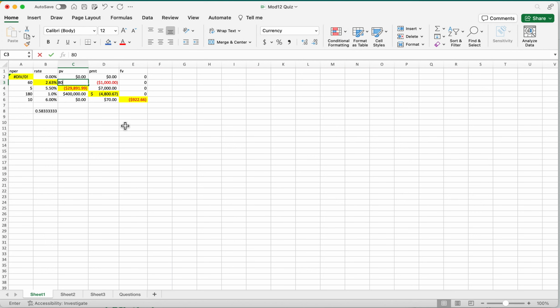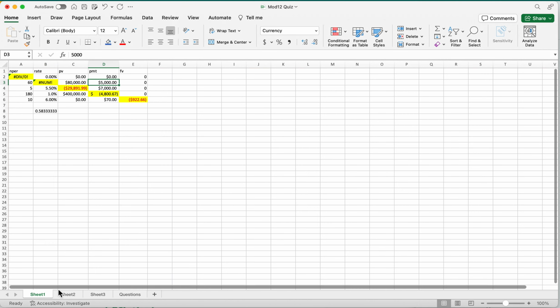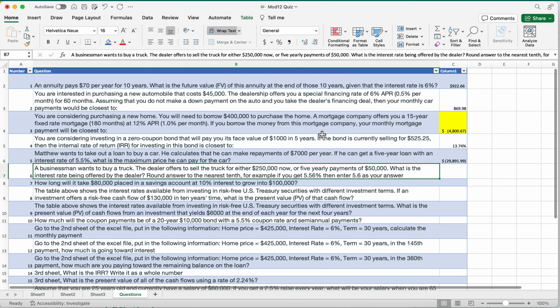So if it was an $80,000 truck, and we were paying 5,000. Let's see here. 5 yearly payments.